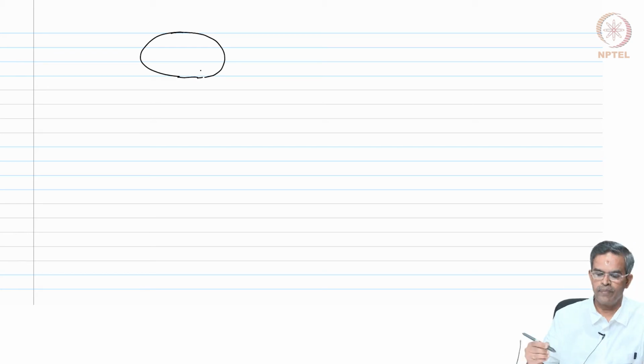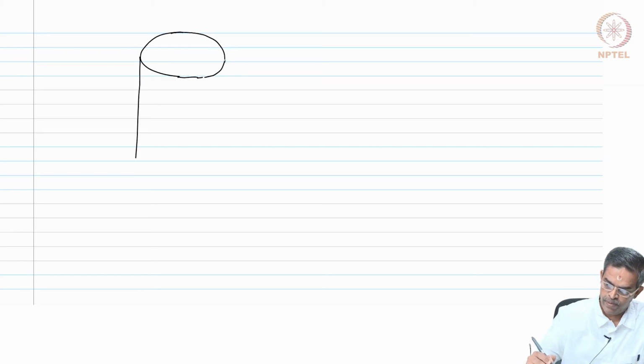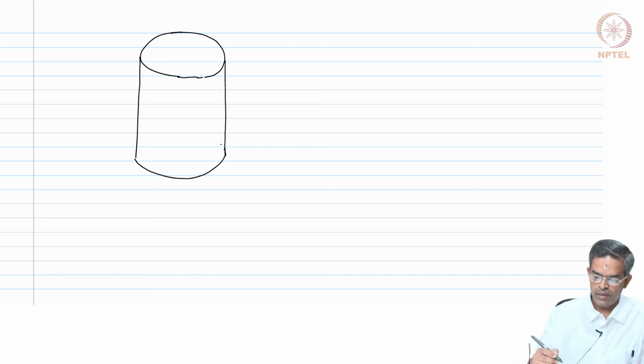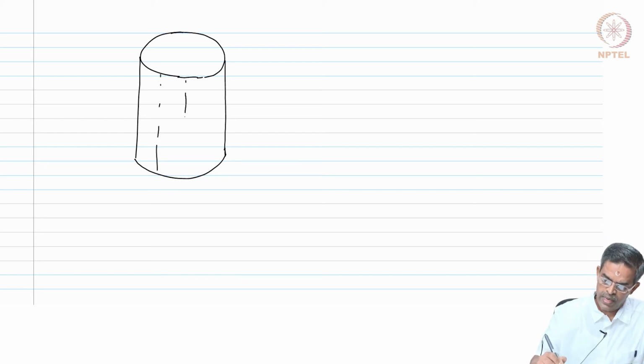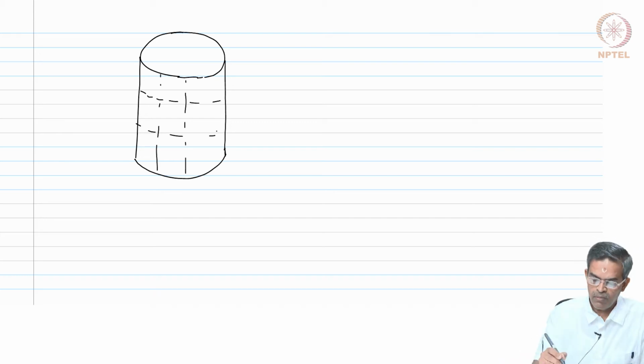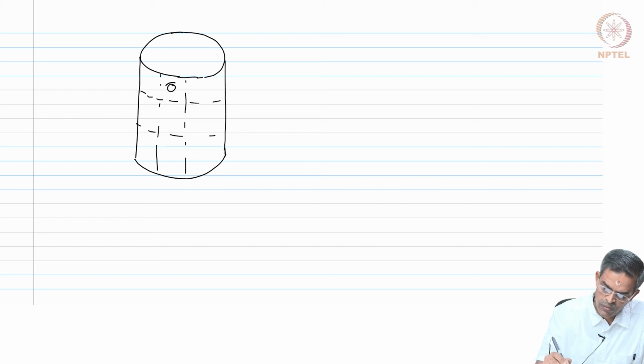Let us say this is my cylinder. Now, when there are different layers along the length and along the circumference, some of them will have solid concentrations of stresses, some of them will have negative.